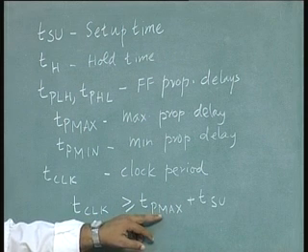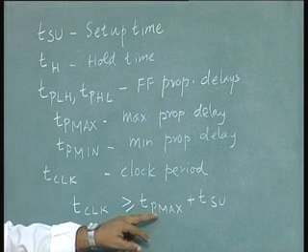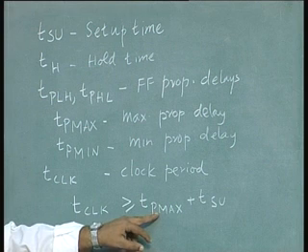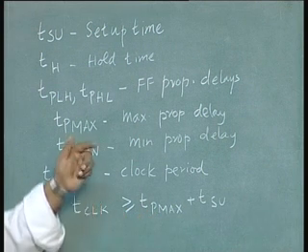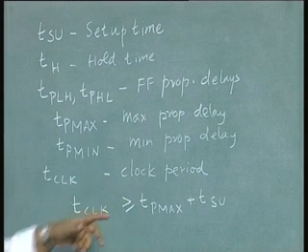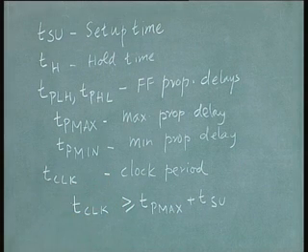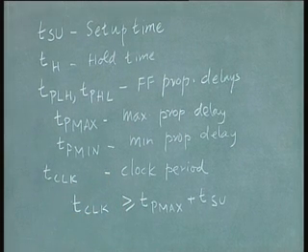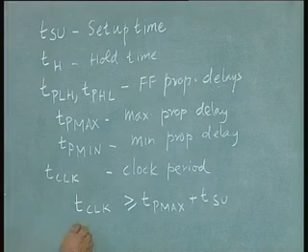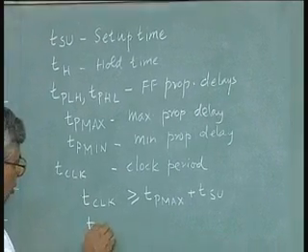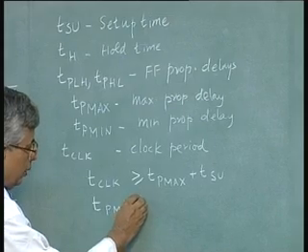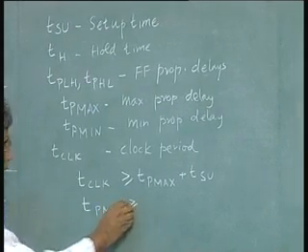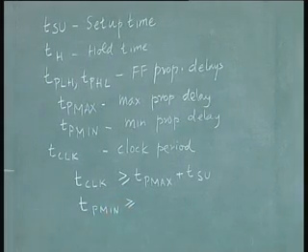When that happens, we do not want the input to change before the hold time has elapsed. So, I want to write one more equation: TP min should be greater than or equal to T hold.